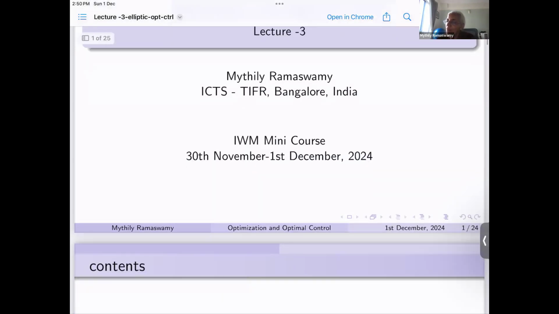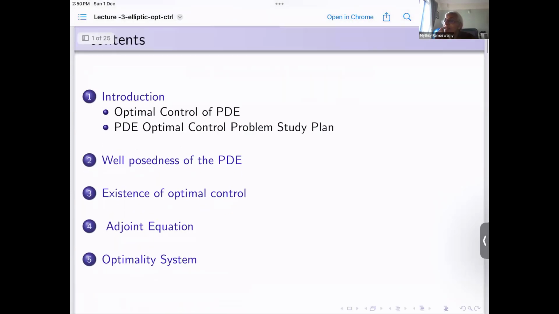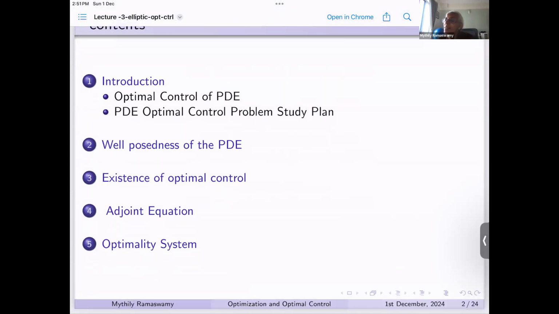So let me start with, I have organized the contents like this: optimal control of PDE, and the PDE study plan. In here, what happens is we have to worry about well-posedness of the PDE first. So that will take some technicalities, and then we have to prove the existence of optimal control.